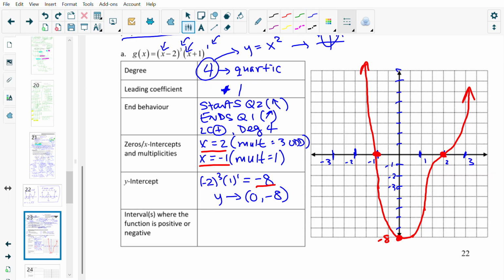So this helps us understand our intervals now. Interval where the function is positive or negative. So where is f of x greater than 0? Well, greater than 0 at x is less than -1, x is greater than 2. So I'll highlight that. Less than -1, greater than 2.